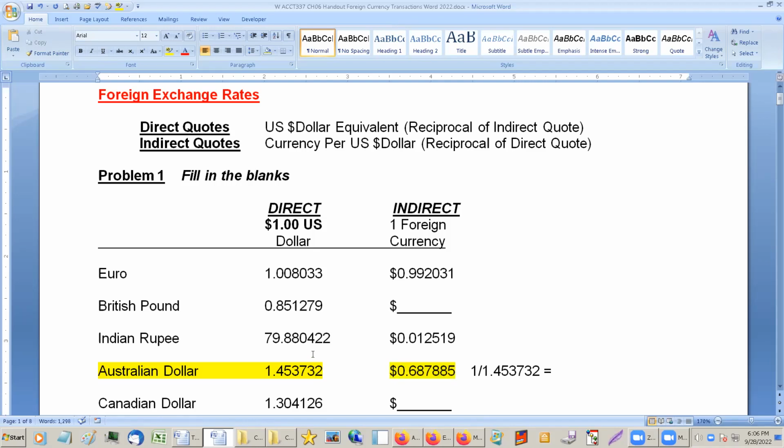So let's take 1 over it. Let's go up here and figure out the British pounds. We'll take 1 divided by that.